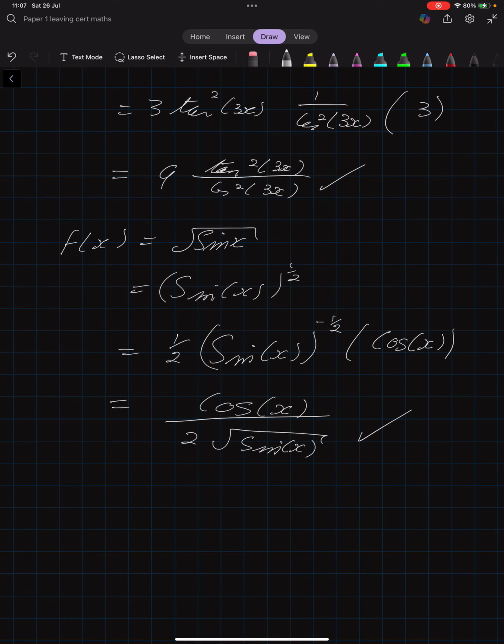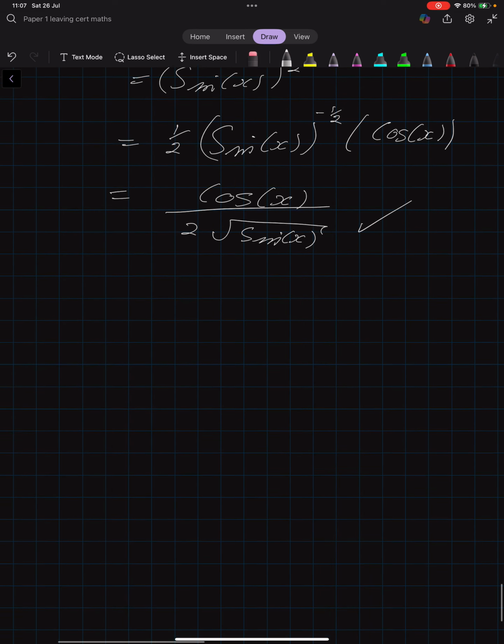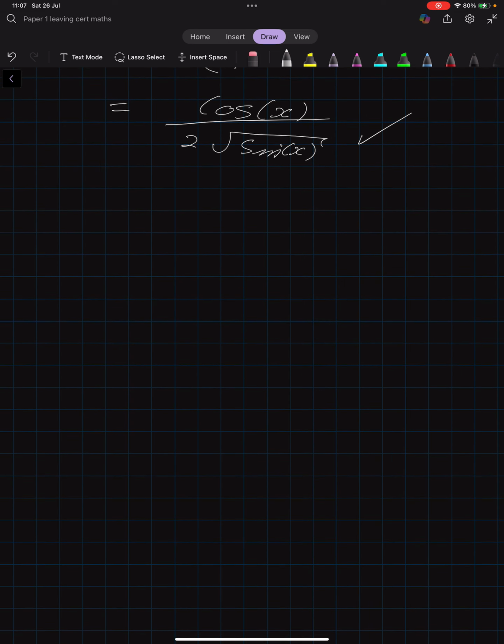All right. I think I'll just do one more of them, and then I might leave it there. If f of x was equal to cos to the 4 of 5x, how would you do this? Again, it's just cos of 5x to the power of 4.